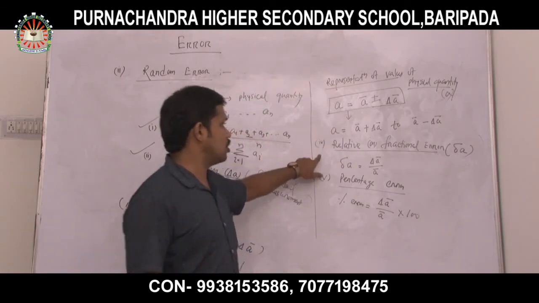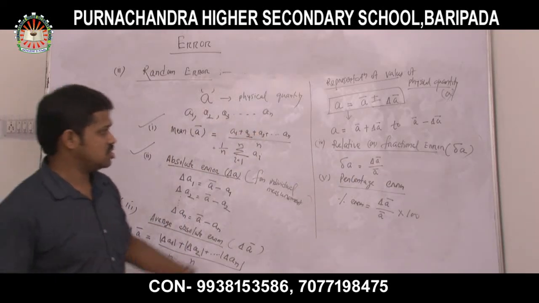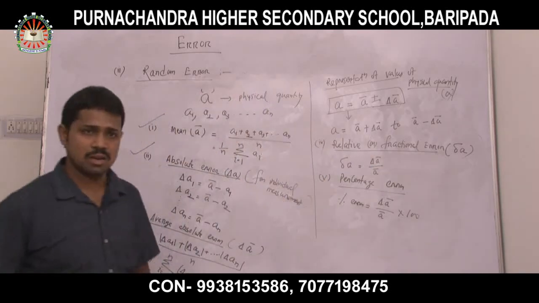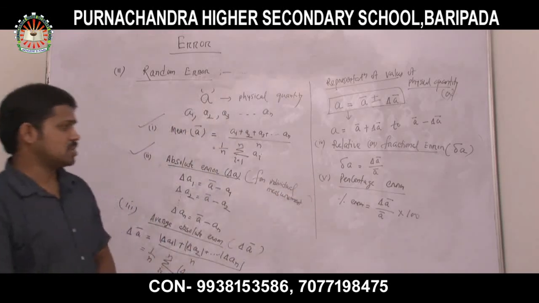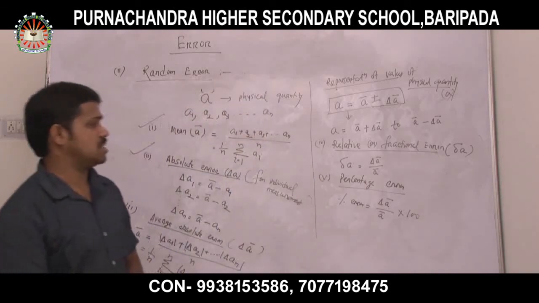Number 4, we find the relative or fractional error, the ratio between the average absolute error and the mean. And lastly, the percentage error is the percentage of this relative or fractional error.